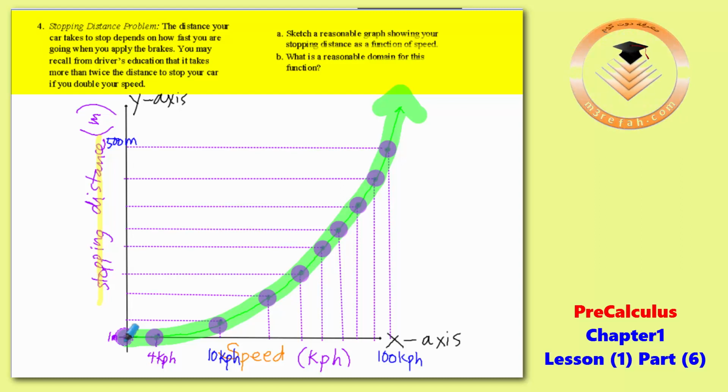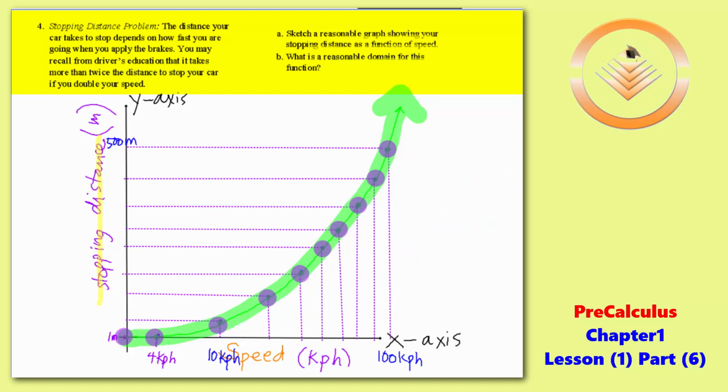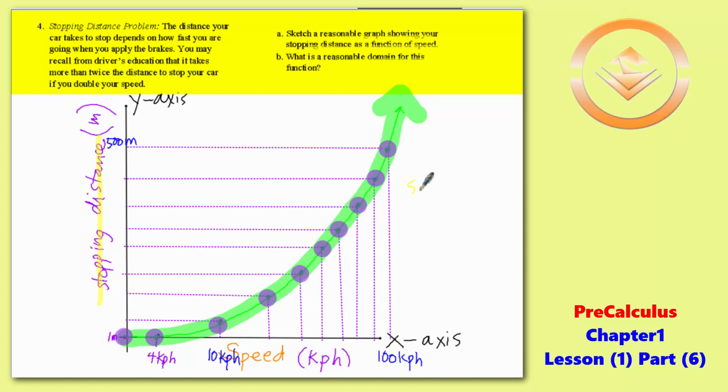This is a relationship, but you can see that this is not linear. It's not straight, it's curved, because for a certain speed, the stopping distance will be different. Such as if your speed is 1, then your stopping distance cannot be equal to 1. That's what I meant by linear. So this case is exponential.